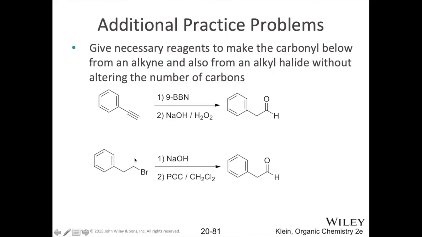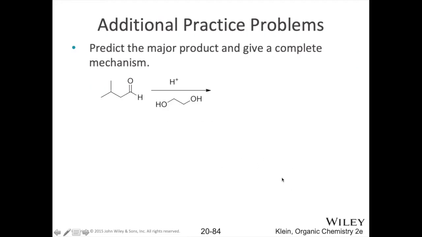Then you can oxidize the primary alcohol to the corresponding aldehyde using pyridinium chlorochromate. PCC will oxidize it and stop at the aldehyde. You have to use PCC as your oxidizing agent. If you use chromic acid or potassium permanganate, this would go on to the carboxylic acid, which obviously you don't want.